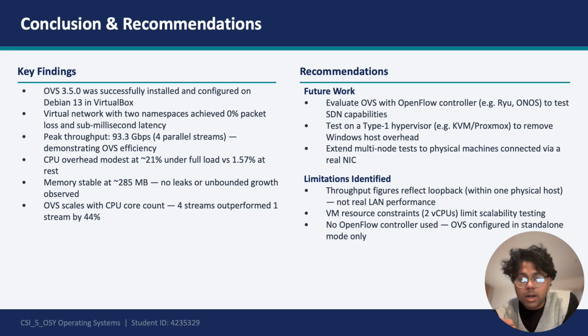Testing on a type 1 hypervisor such as KVM or Proxmox would remove the Windows host overhead and give more accurate measurements, and extending the setup to multiple nodes on physical machines with real network interface cards would reflect real world deployment conditions much more closely.